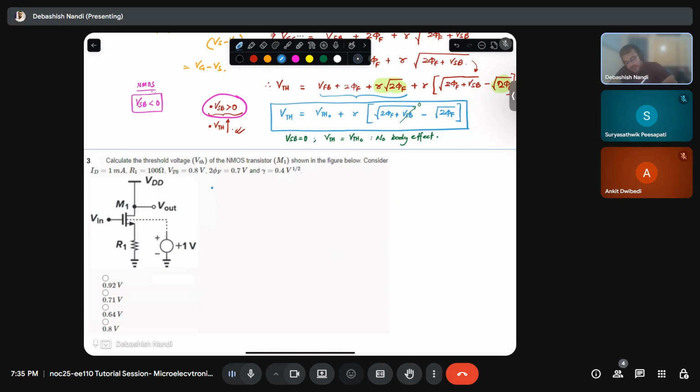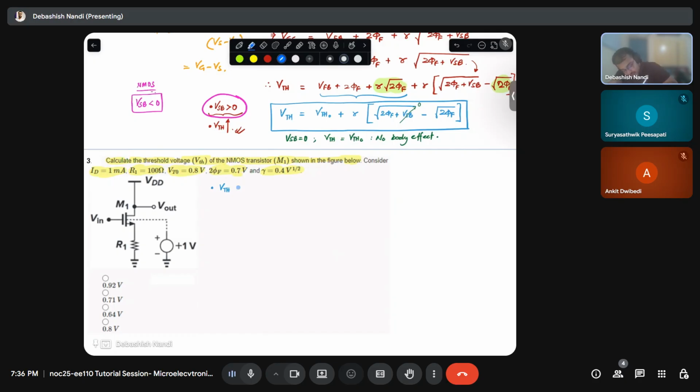I needed to calculate VTH, right? The question is given that calculate the VTH of an NMOS transistor. Consider ID is given, R1 is given, VT0 is given, 2ΦF is given, and gamma is given. Everything is given, right? So what do I need to calculate?